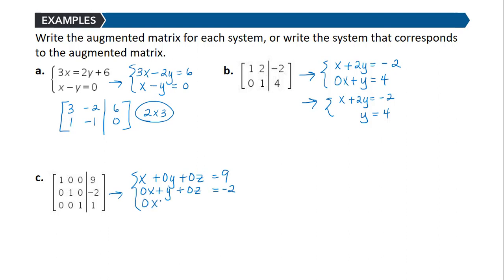And 0x plus 0y plus z equals 1. Notice that the coefficients of 0 can be omitted. So this is really the system x equals 9, y equals negative 2, and z equals 1.